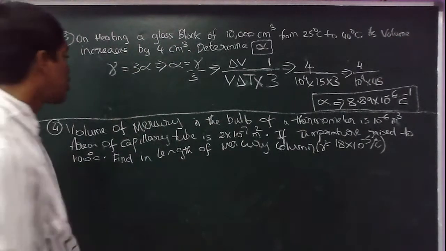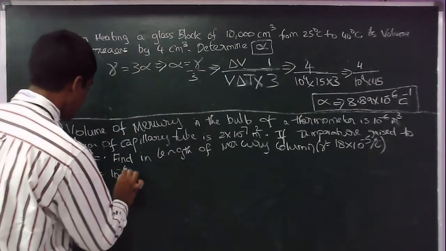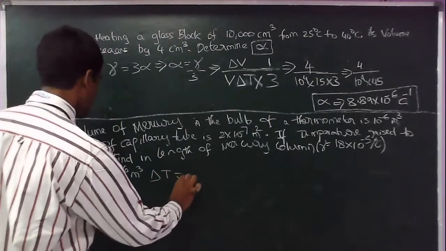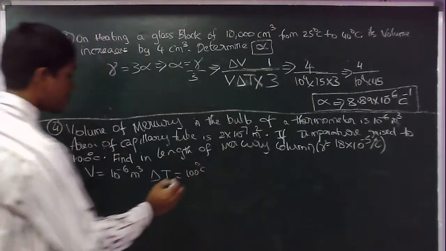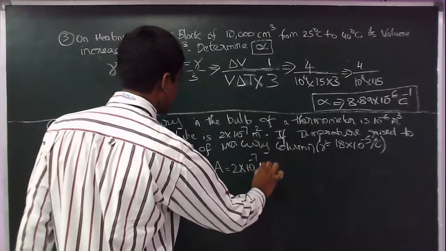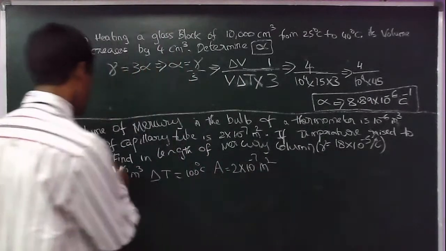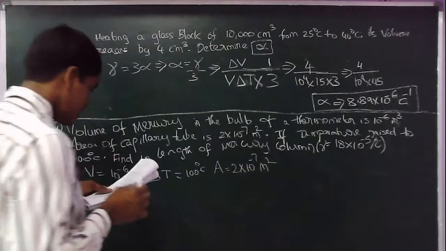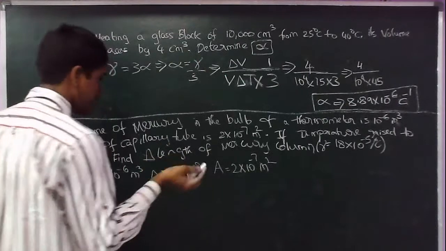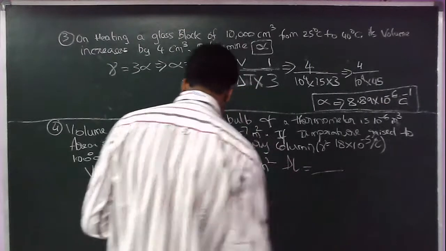Okay, now they have given volume is equal to 10 to the power of minus 6 meter cubed, delta T is equal to 100 degrees Celsius, and area is equal to 2 into 10 to the power of minus 7 meter square. Now we want to find the increase in length, so delta L is equal to dash.